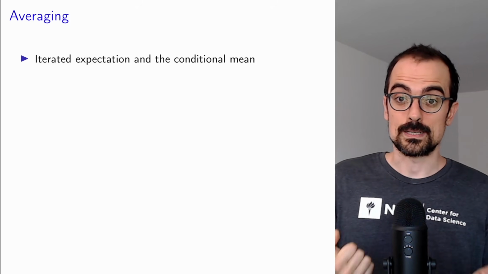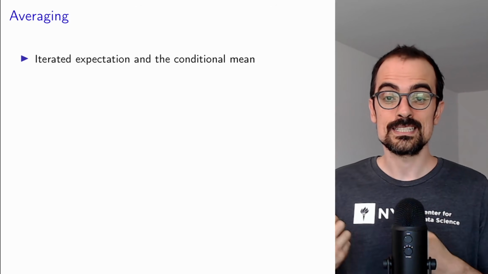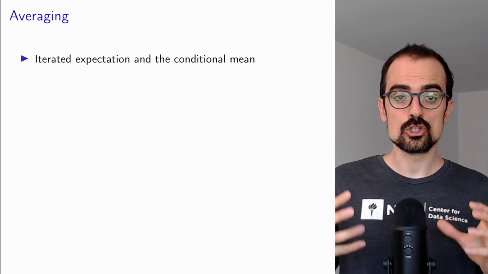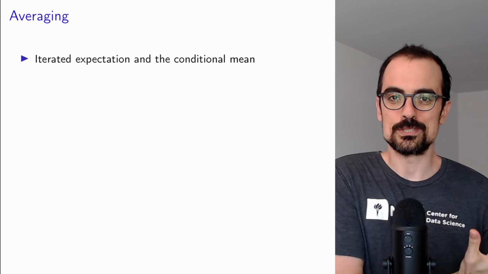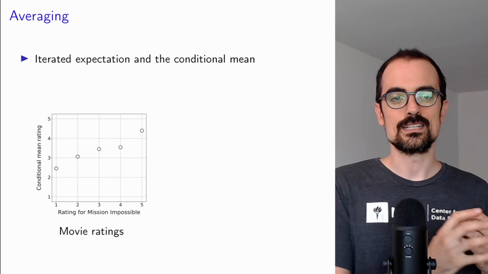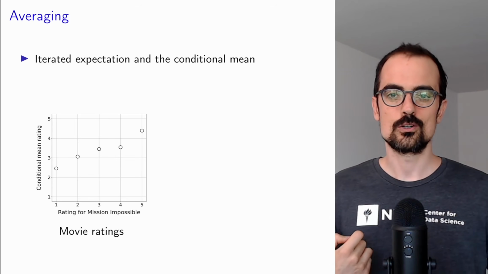Iterated expectation allows us to compute averages using conditional probabilities, and the conditional mean allows us to solve the regression problem. In fact, it's optimal for regression. Here is the conditional mean of the ratings of a movie called Independence Day based on the ratings for another movie called Mission Impossible.